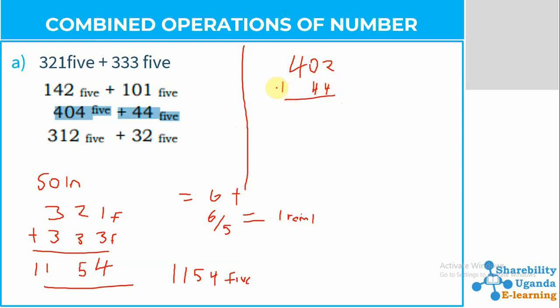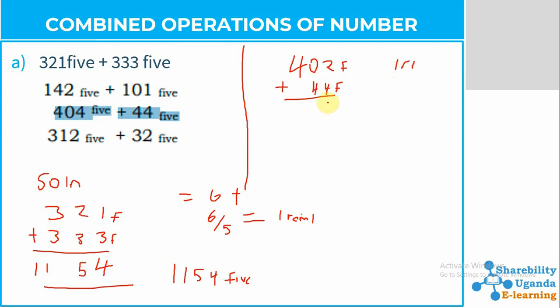Here we are still adding. These are also in base 5. Here we have 2 plus 4, which is 6. 6 is greater than our base, which is 5. So we divide 6 by 5, and we said we got 1 remainder 1.